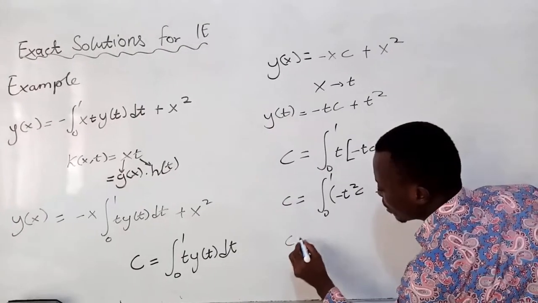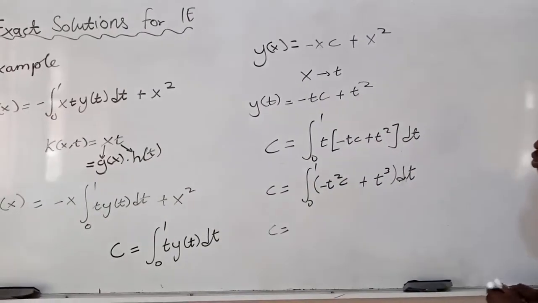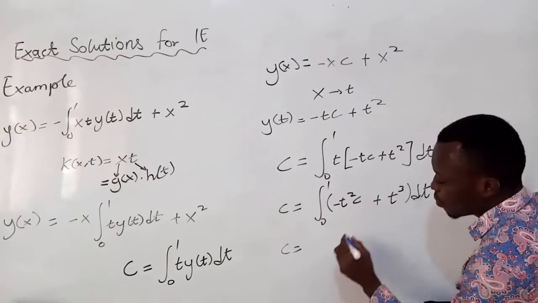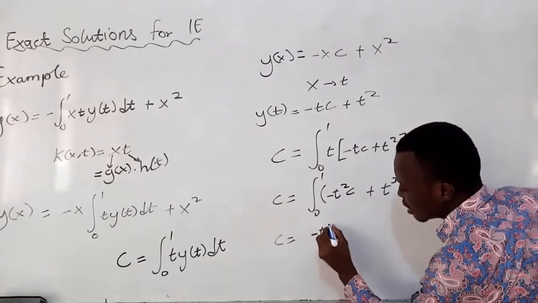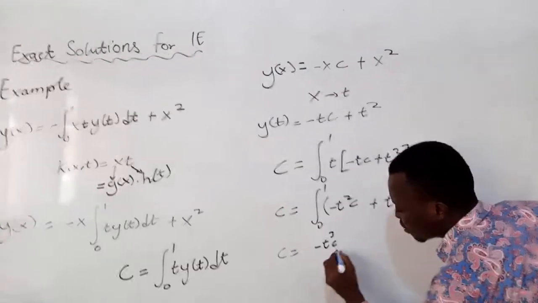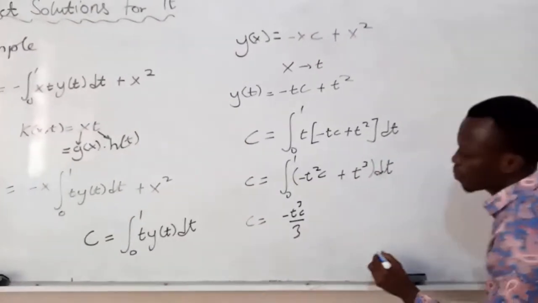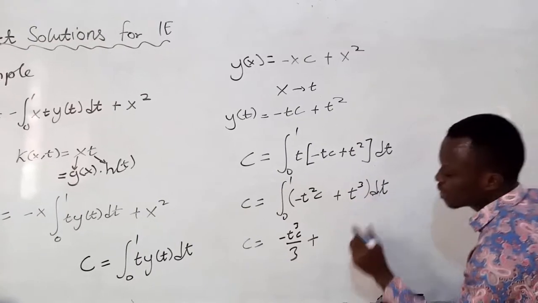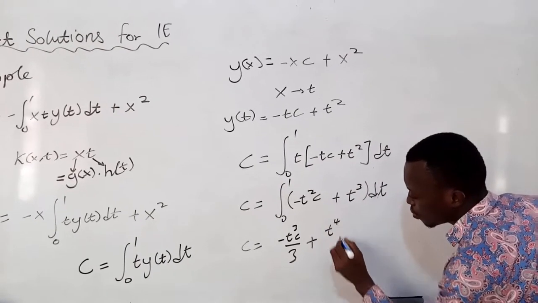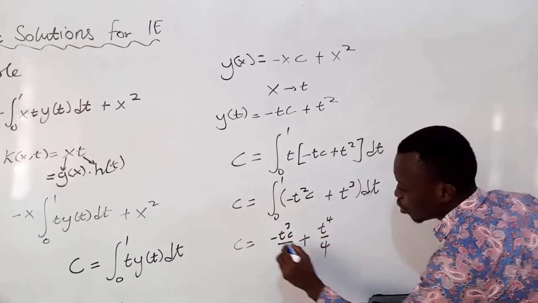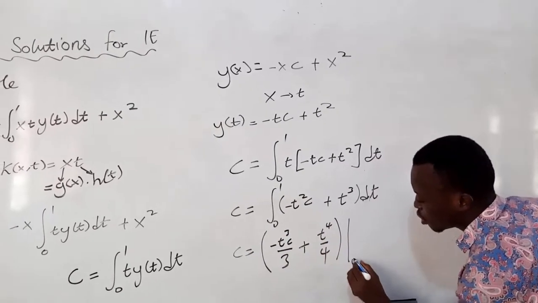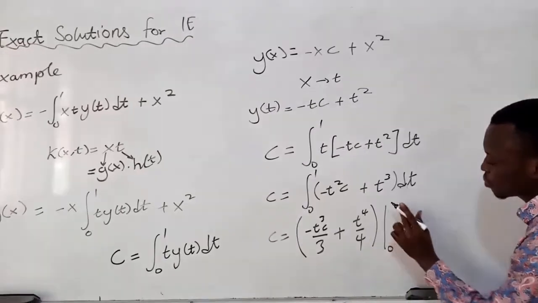So our c becomes, if we integrate t squared, we get minus t cubed c divided by 3, plus t cubed integrates to t raised to the power 4 divided by 4, all evaluated from 0 to 1.